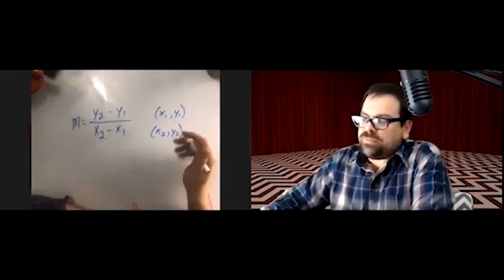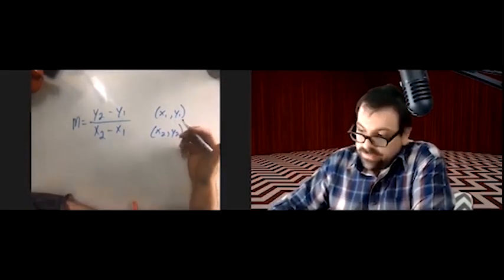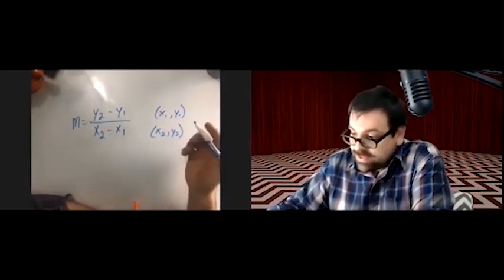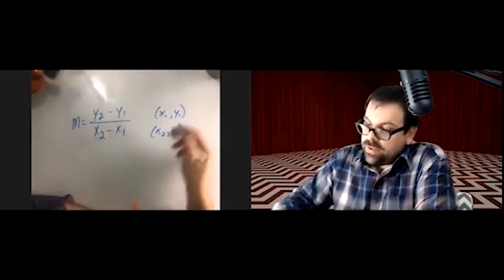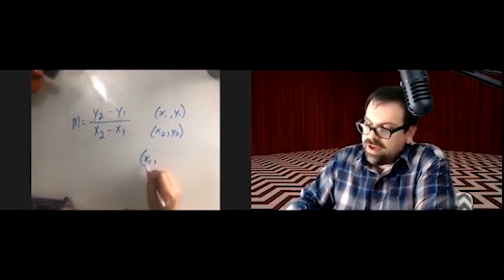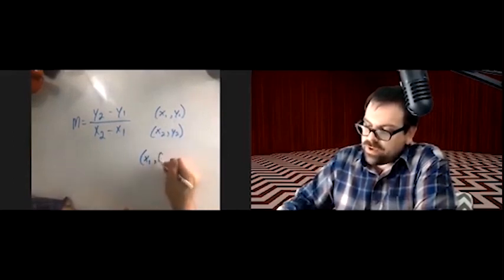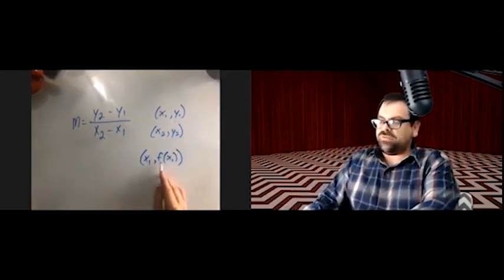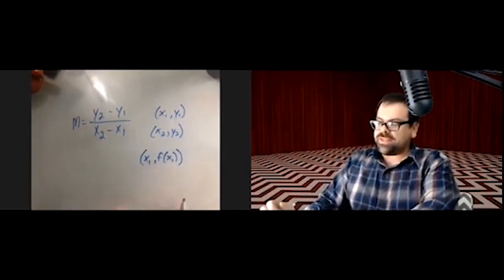If we wrote these points in function form, where instead of y, it's f of x, the point x1, y1 would have x1 as the x coordinate, but the y coordinate would be f of x1. In other words, the output of the function when the input is x1.